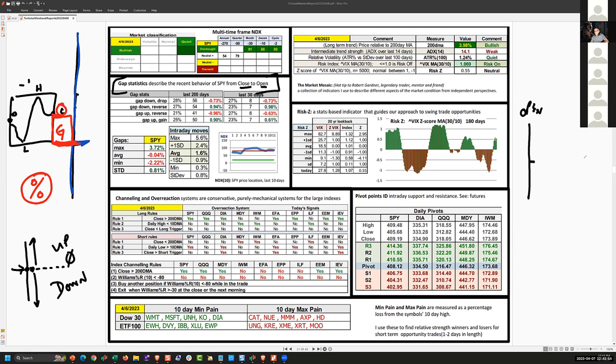If it opens here and I come over here to the close, it can only close higher or lower, and we think of that as the follow-through. In this case, the follow-through was up. In that case, the follow-through was down. If it closes exactly where it opens, then it was an up follow-through with a value of 0. So there's only two conditions for the follow-through. Check or hold?